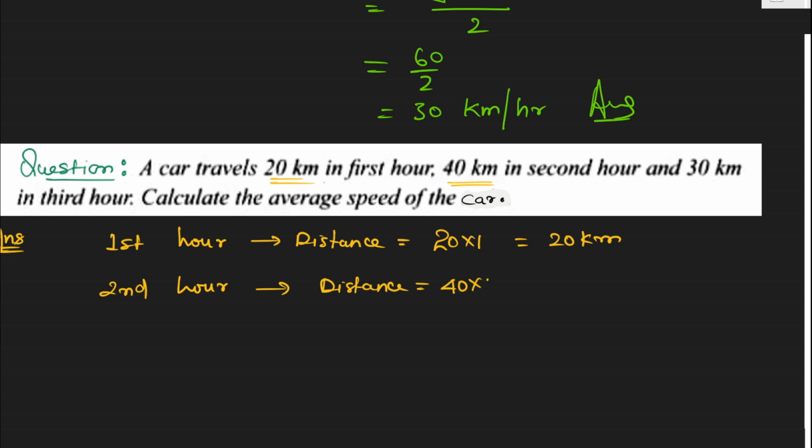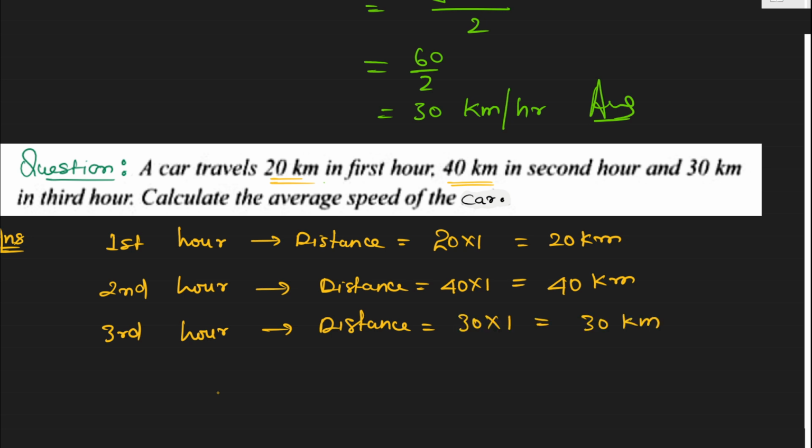So if we need to find the average speed here, what is it? Average speed equals total distance traveled upon time taken. Here total distance traveled means 20 plus 40 plus 30.